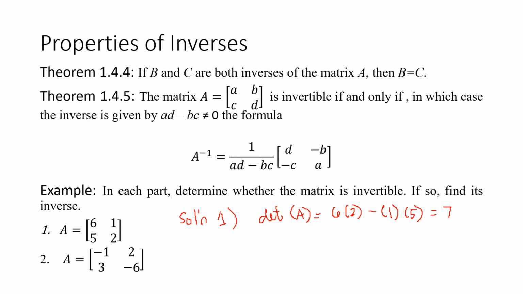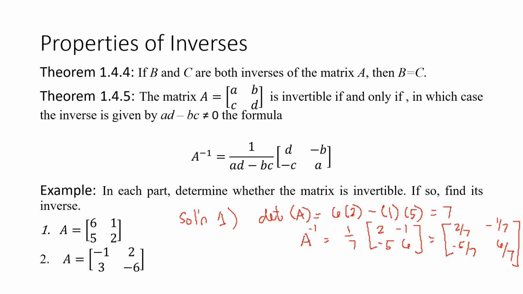And the inverse would be 1 over 7 times 2, negative 1, negative 5, 6, which is equal to 2 over 7, negative 5 over 7, negative 1 over 7, and 6 over 7.